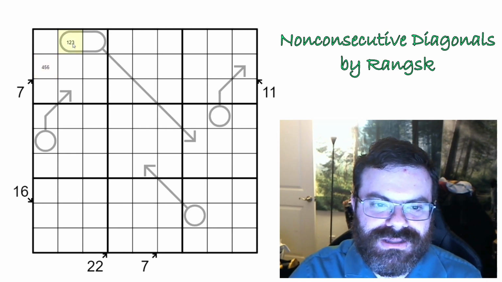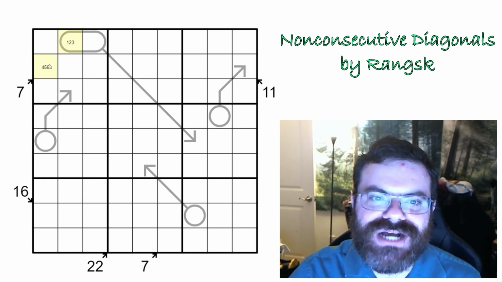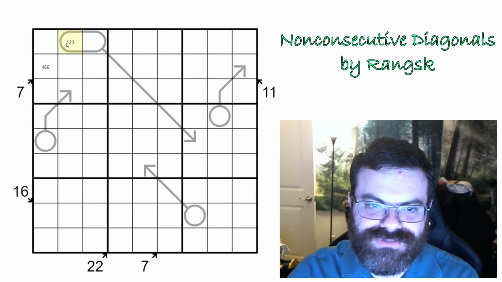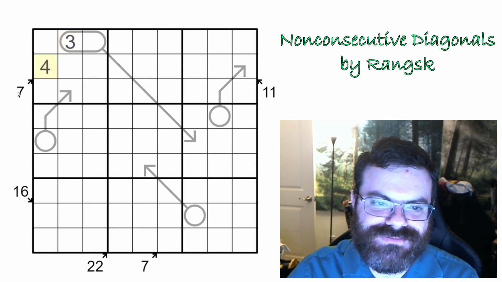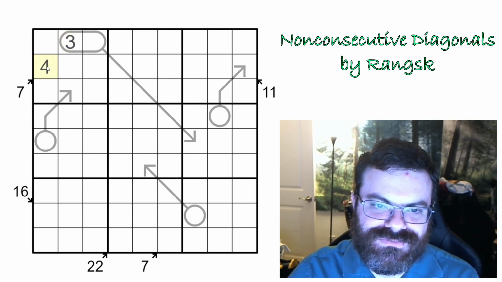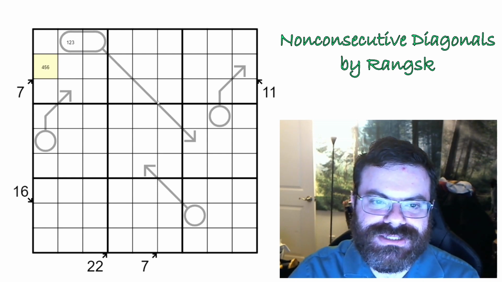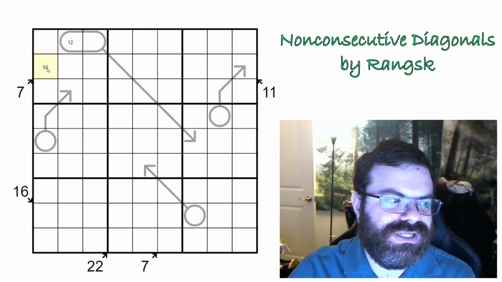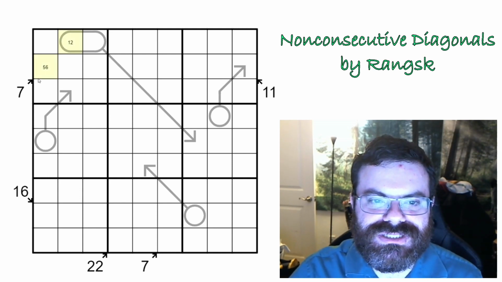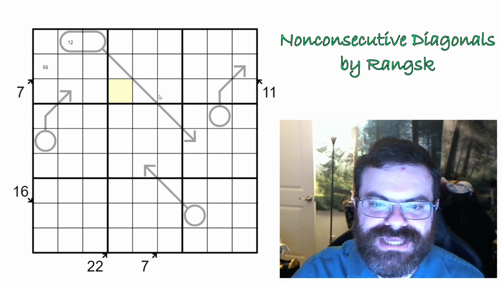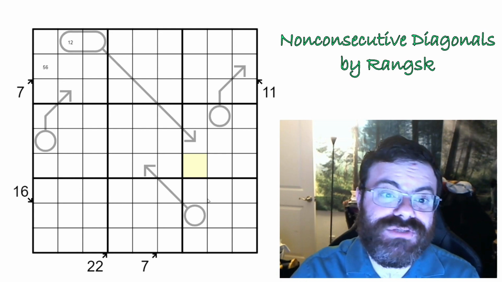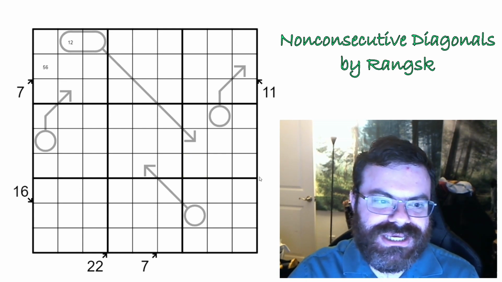So here's our first bit of non-consecutive diagonal logic. Can it be 3, 4? Well, if this were 3 and this were 4, to add to 7, those are consecutive. So that's not possible, which means that this actually can't be 3. So we are limited to 1, 2 here and 5, 6 here. This is much more limited than one might instantly recognize, especially if you're not used to non-consecutive diagonals.